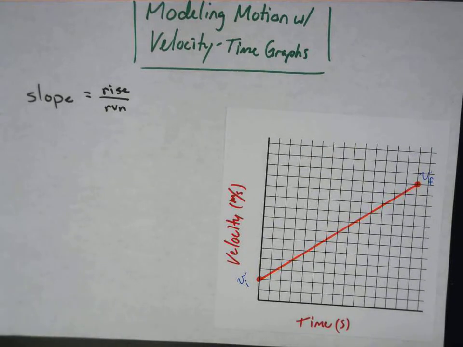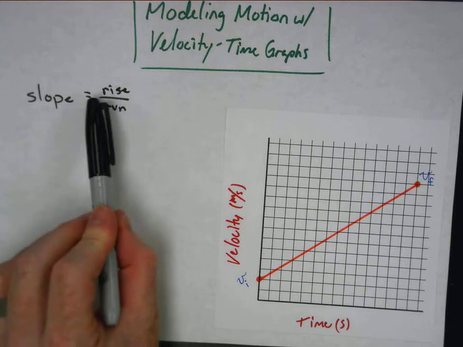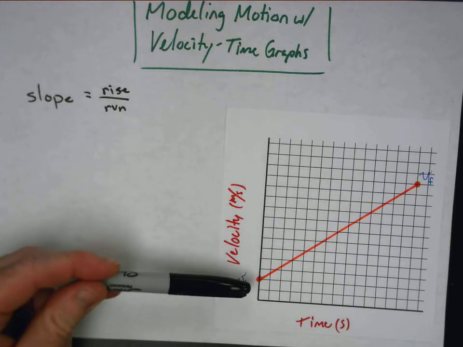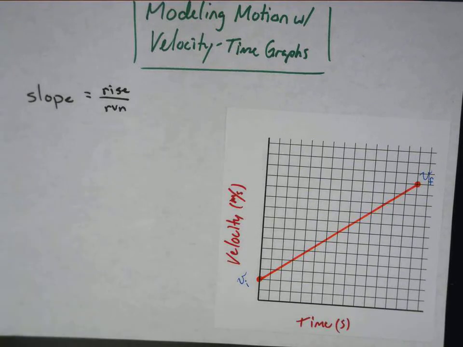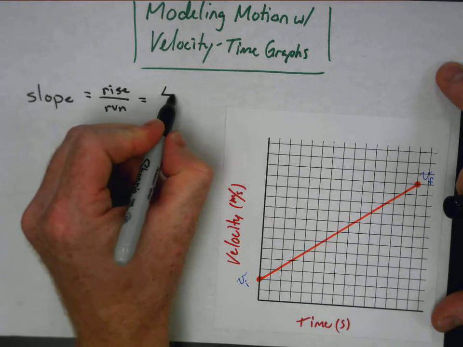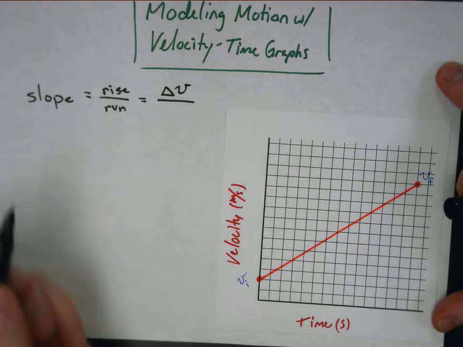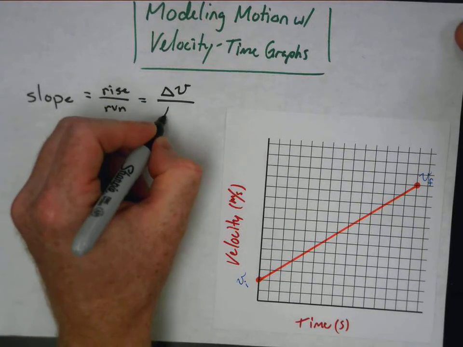It's always the change in the values on the vertical axis. So what's on our vertical axis? Velocity. So we're talking about change in velocity. What I'm going to write here for the rise is delta V, change in velocity. For the run, it's the change on the horizontal axis, which is time. So I'll put a delta T.